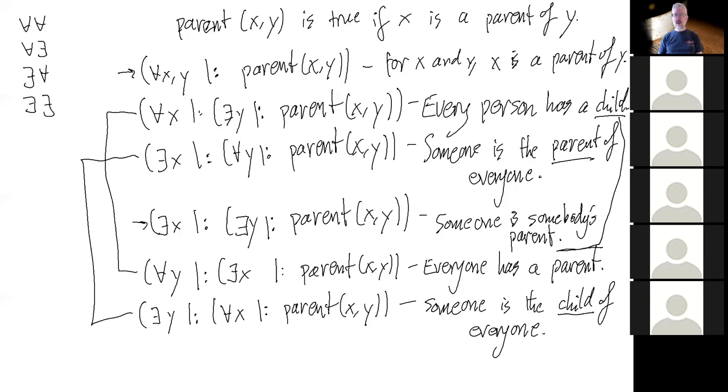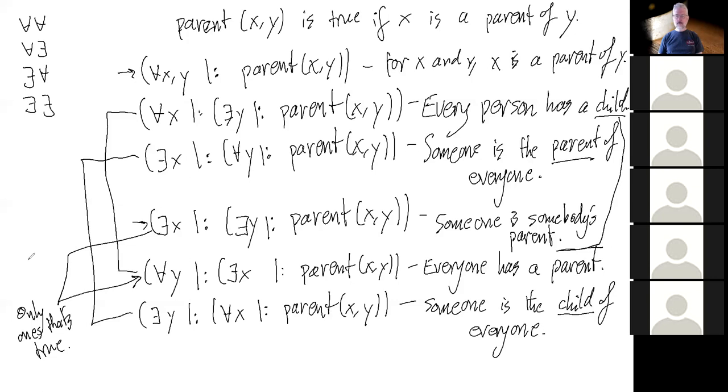So of these 6, the only one that's actually true is this one here. Everybody has a parent. None of the other, oh no, I guess that's not true. This one's also true. So only one. This one here, there is a parent-child combination somewhere out in the world.